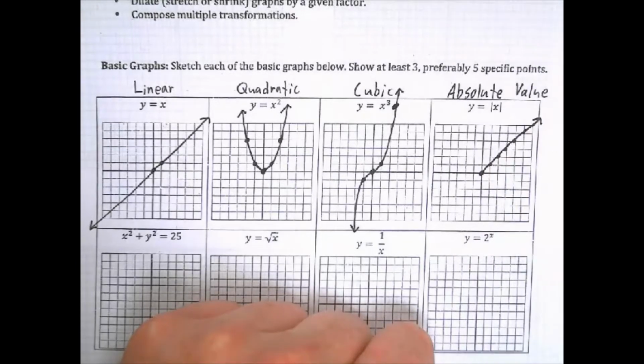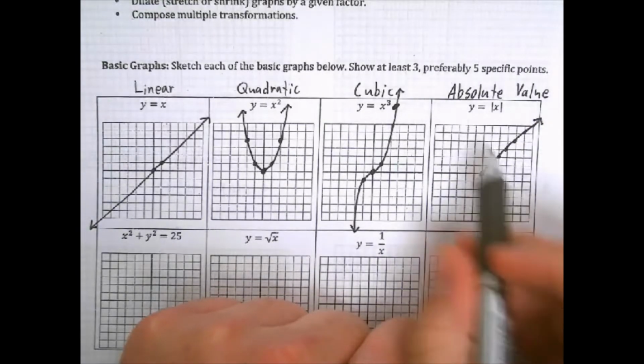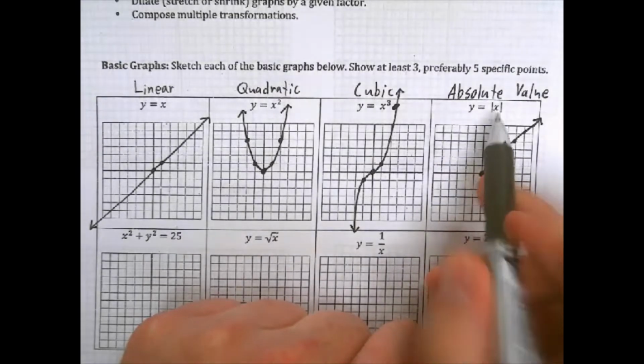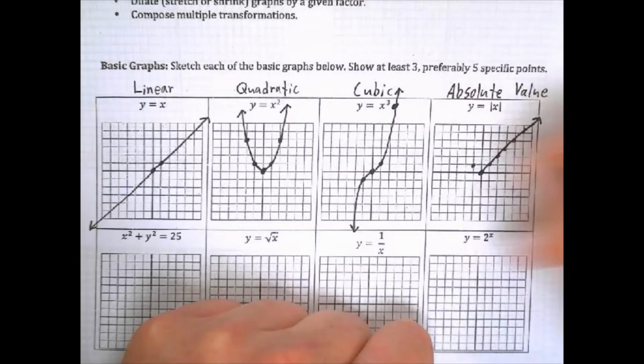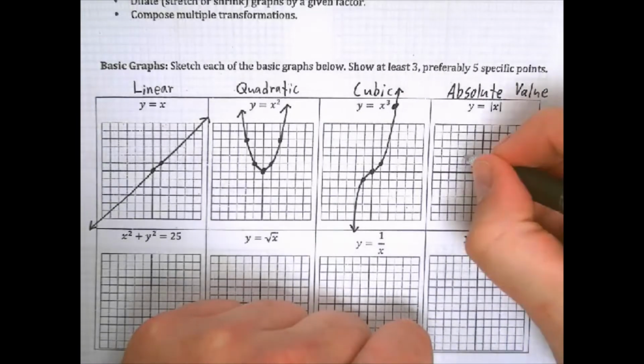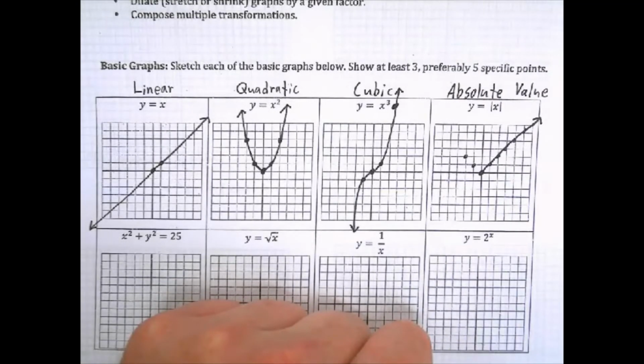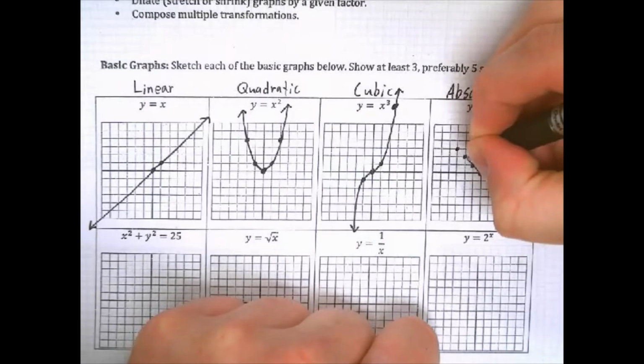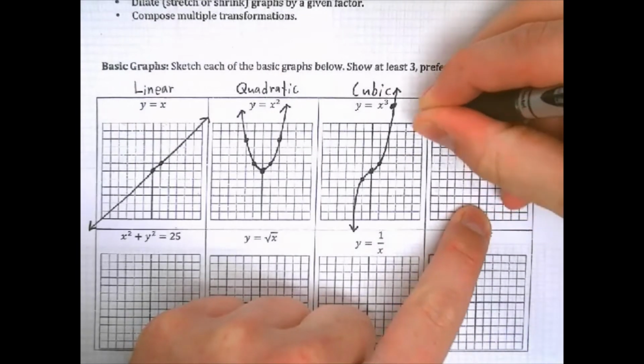Now the difference between this and a line is instead of it being negative 1, the absolute value of negative 1 actually ends up being positive 1. The absolute value of negative 2 is positive 2. The absolute value of negative 3 is positive 3, which creates that perfect V shape that meets in the middle at that vertex.